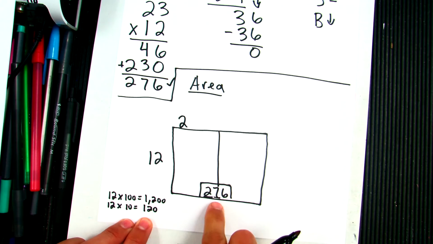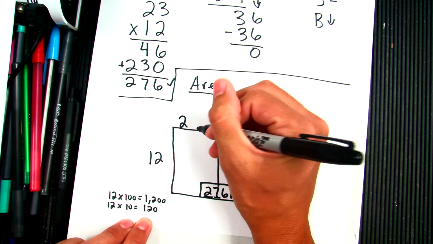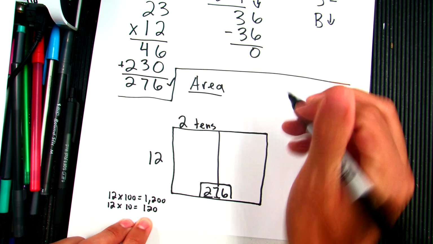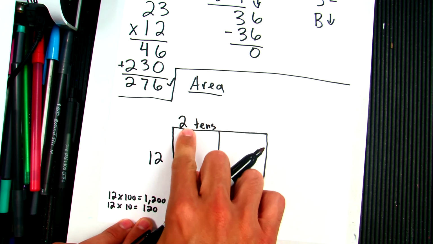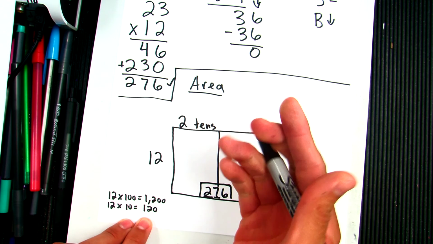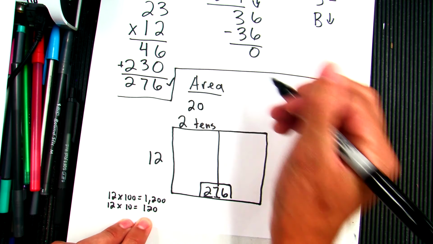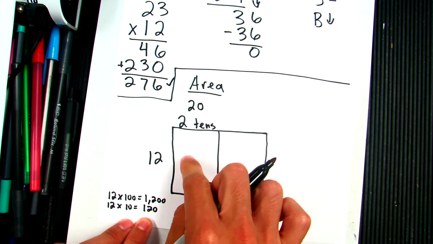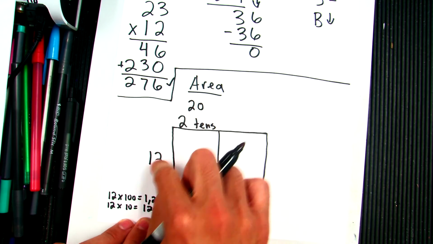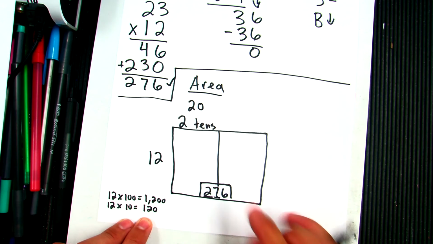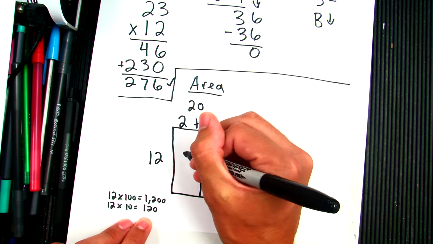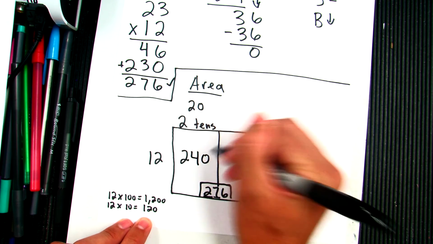And then you have to remember the place value you ended at, tens place. Now I like to write that number, 2 tens. What does that represent? That represents 20. So on the inside, I can now fill this in by just doing my traditional multiplication for area. 12 times 20, that's 240.